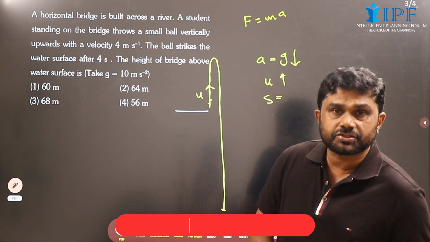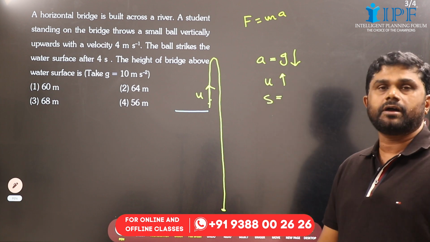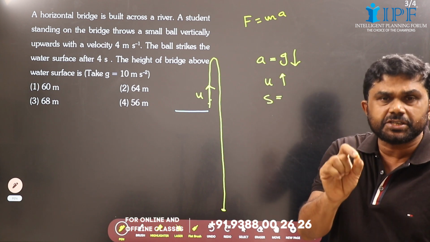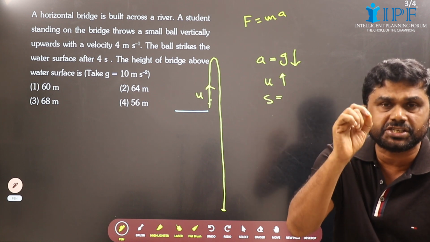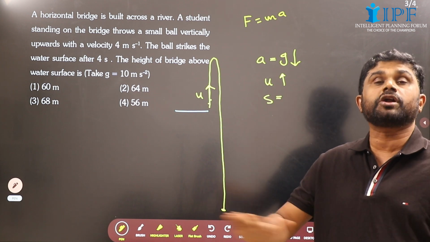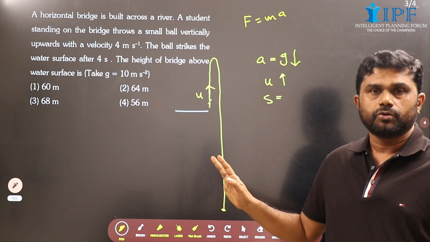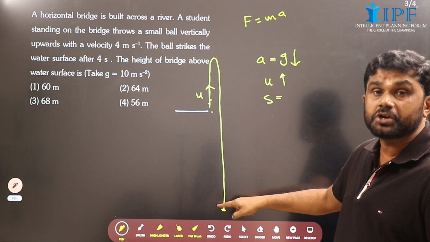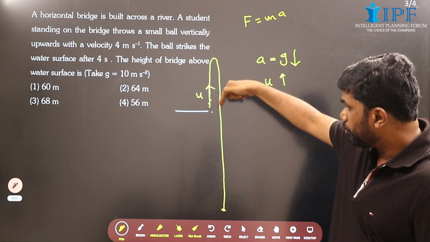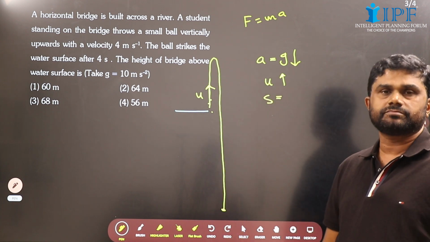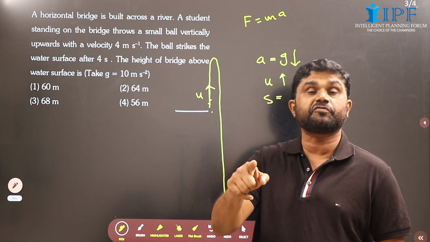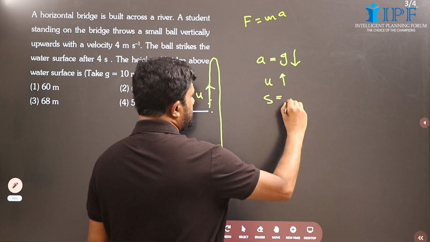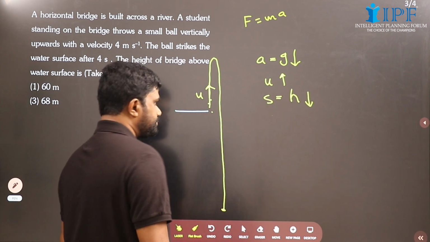Ultimately, where has it reached? It has reached the bottom, in the river. So displacement is directed from the initial to the final position like this, and it is equal to the height of the bridge. So it is h.